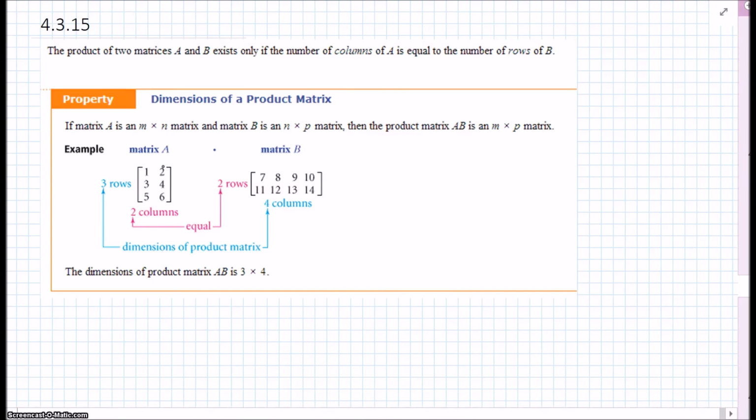So for example, matrix A here is a 3 by 2 matrix. Matrix B is a 2 by 4 matrix. So the first one was 3 by 2, and the second one was 2 by 4. So we're going to make a new matrix with 3 by 4 dimensions.